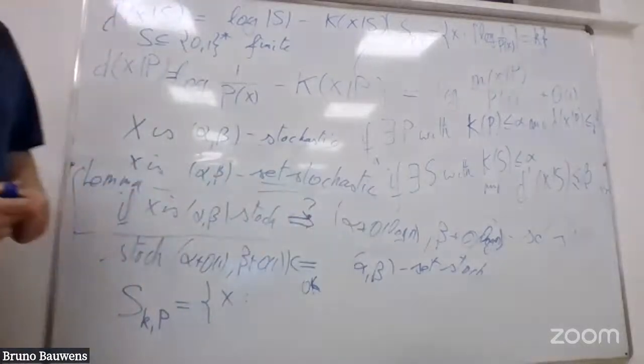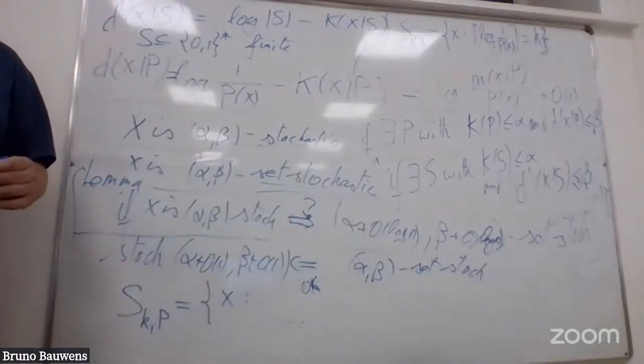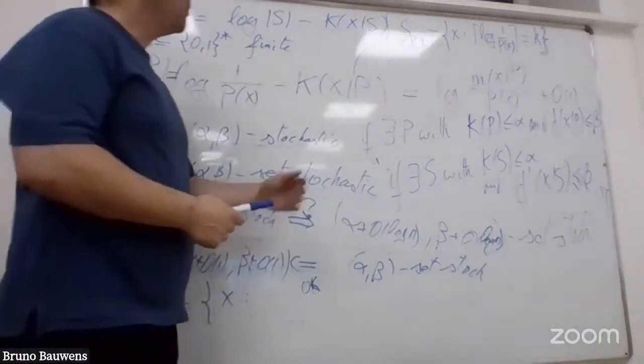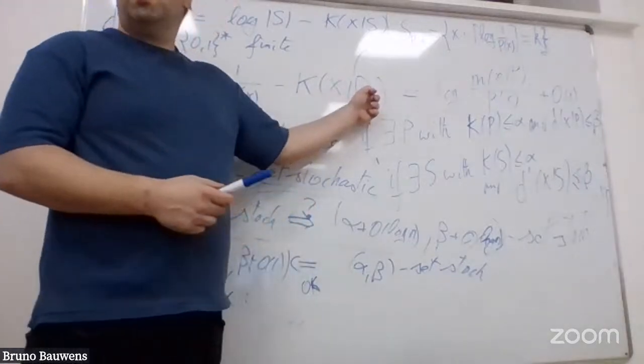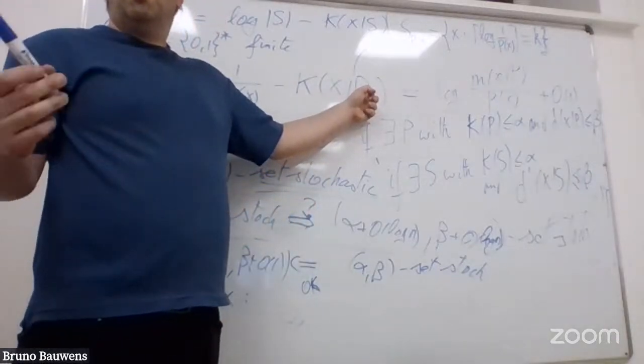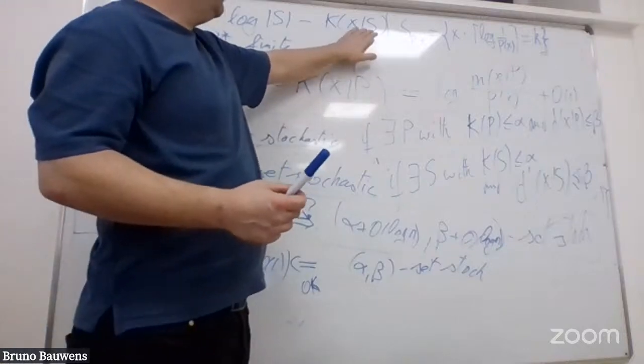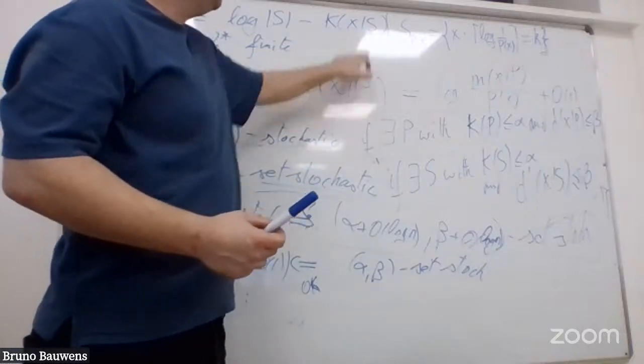Unavoidable. So again, why the algorithm? Because here P is in the condition. And so when we go from P to S, what did we do?